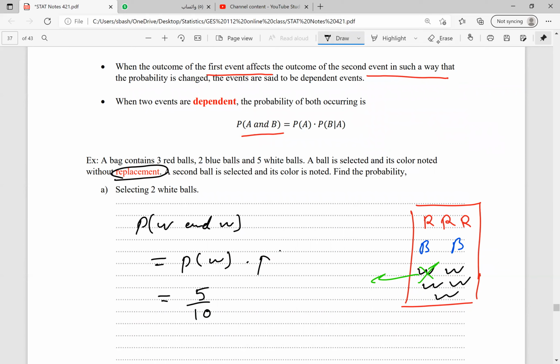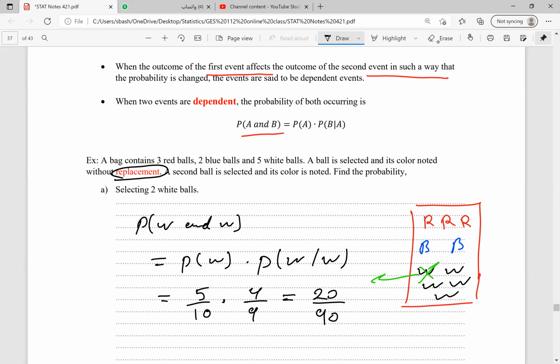Since they are dependent, the second one will be getting white after getting white, because these are 2 white balls. We remove 1 white ball without replacement, so the remaining will be 4 out of 9. After we removed 1 white ball, I have only 4, and the total number will be 9 balls. This is not 10. So 5 times 4 is equal to 20 divided by 90.